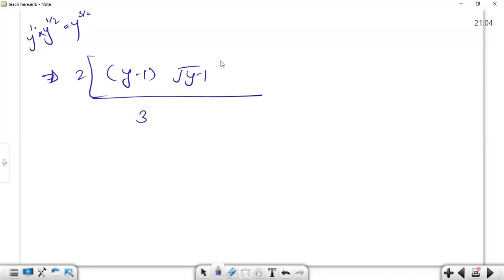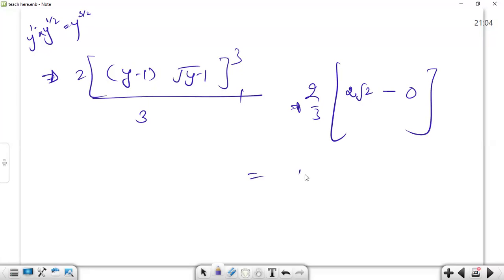In this case also, limits 3 and 1. So 2 by 3, putting 3 first: 3 minus 1 is 2, so 2 to the power 3 by 2, minus, putting 1 will make it 0. So 4 root 2 by 3 is our answer.